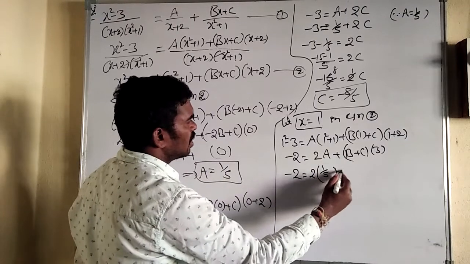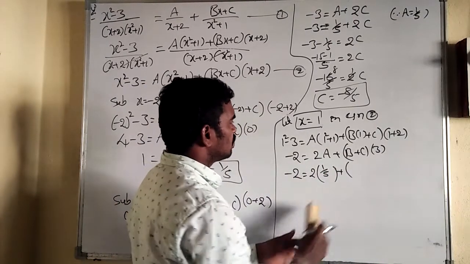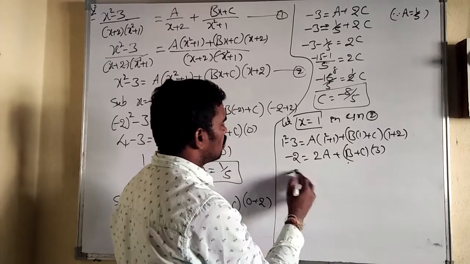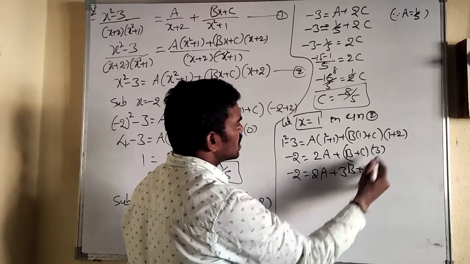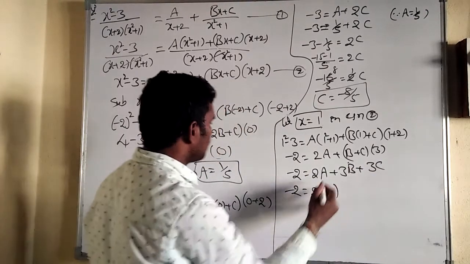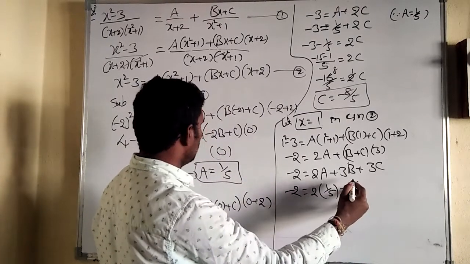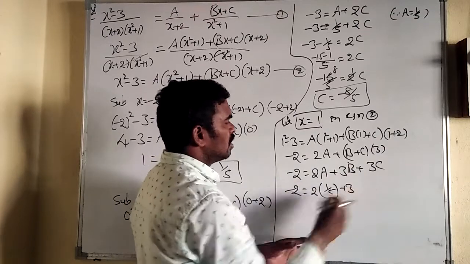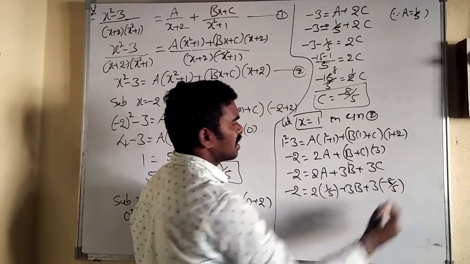Okay, a value we already know, that is 1 by 5. So 1 by 5 plus b we don't know. One more step I am writing. Minus 2 equal to 2a, b into 3, 3b, c into 3, 3c. Minus 2 is equal to 2 into a value 1 by 5, plus 3 into b value we don't know, as it is written down, plus 3 into c value minus 8 by 5.